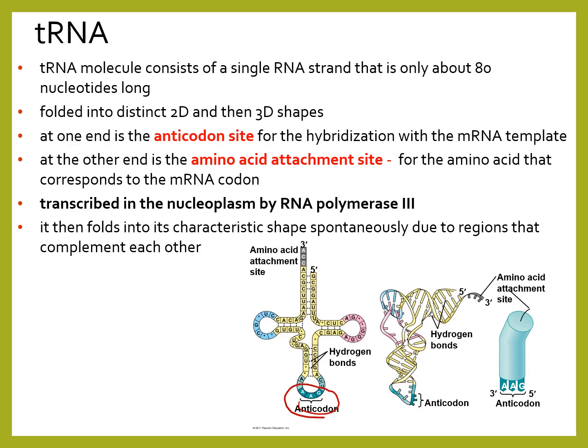This one has the particular sequence of AAG. This is going to be where the tRNA will physically base pair with the codon of the mRNA template. So in the mRNA, the sequence would be UUC. And that tRNA would temporarily base pair, and I picture it as sort of docking onto the mRNA at that codon.